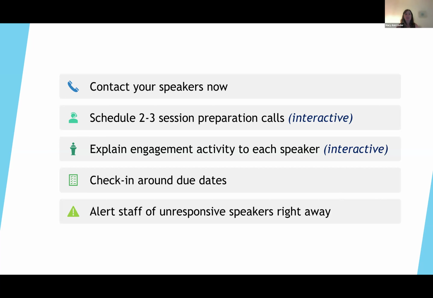Interactive really needs several phone calls. For interactive or traditional, you really want to walk your speakers through the agenda. Let them know what to expect, how long to speak, and how they can participate in the engagement. And you can always check in around due dates.